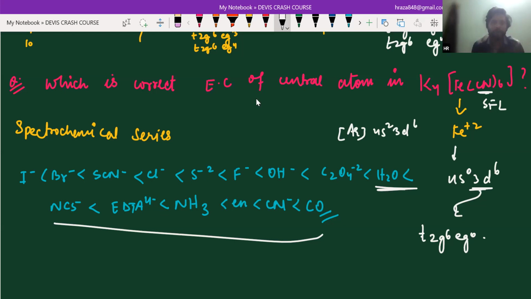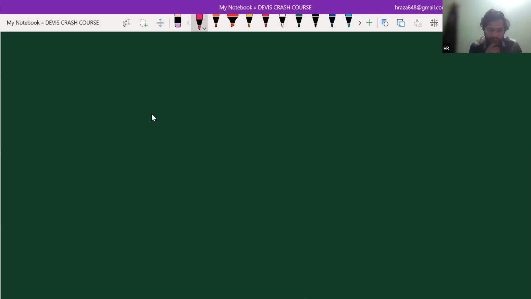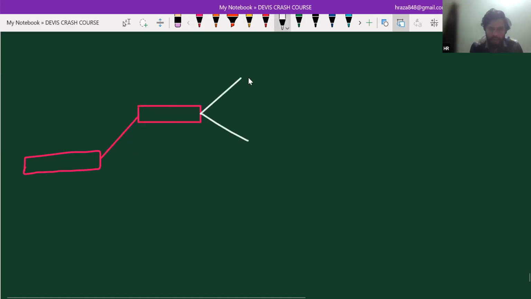Now see, we are going to do the splitting for tetrahedral as well. So in tetrahedral, we say T2 or E only. This is your d orbital, degenerate d orbitals that are equal in energy, and then it will go for bonding, and then it will be split into two parts as before.